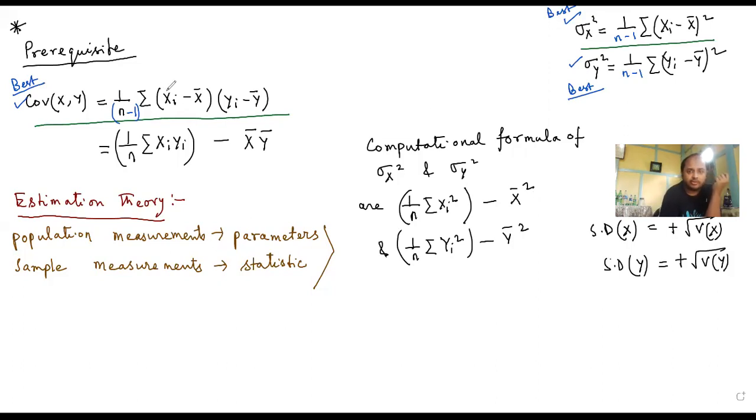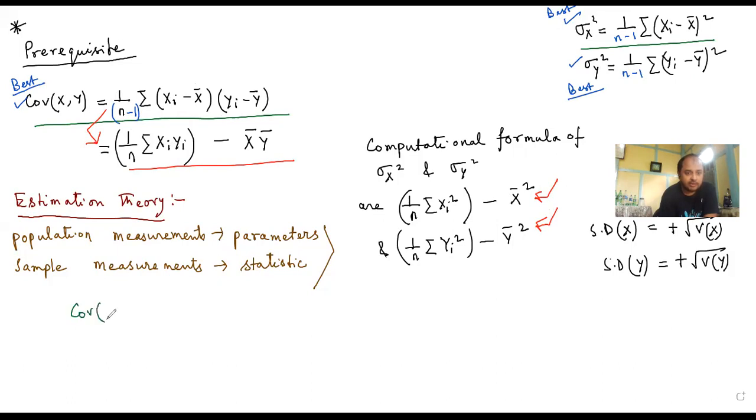But you have to observe carefully that if we do so, the computational formula will not come out the same for covariance xy, sigma x squared and sigma y squared. Let me demonstrate that.